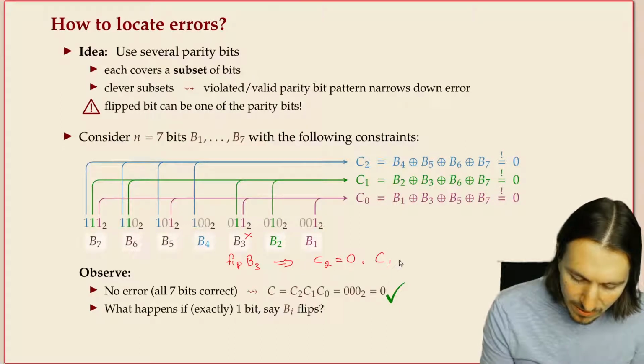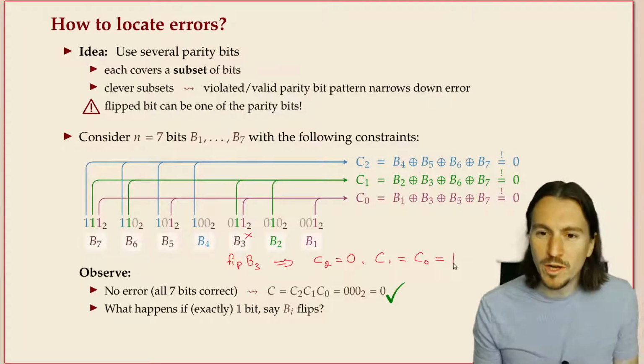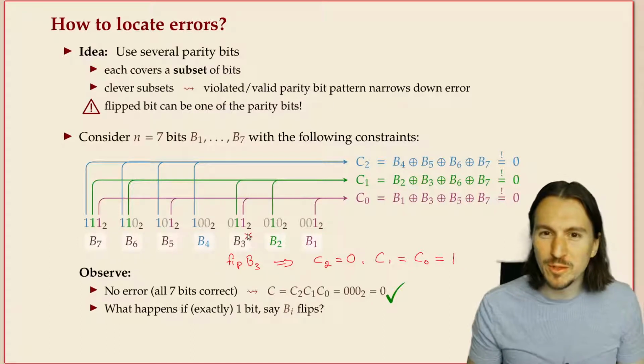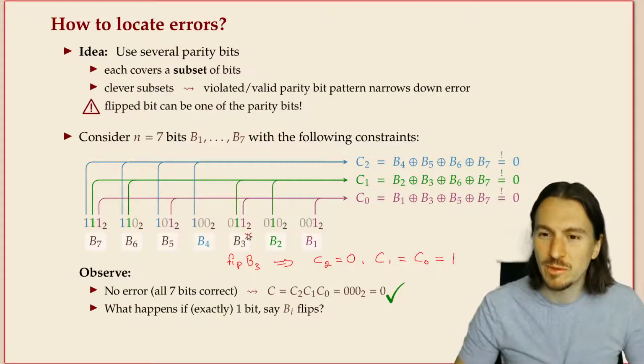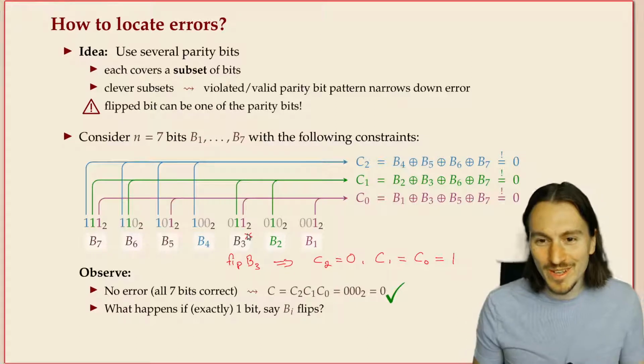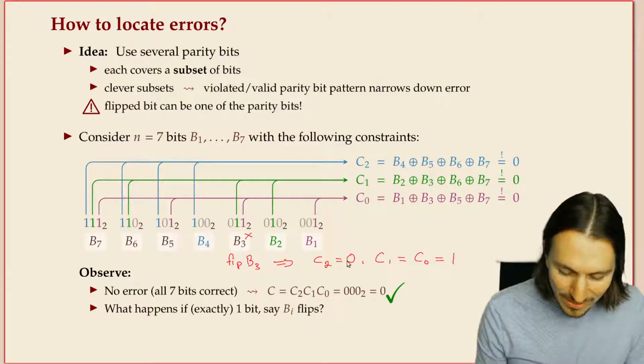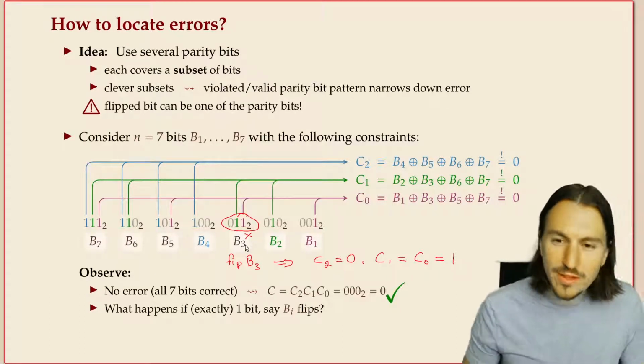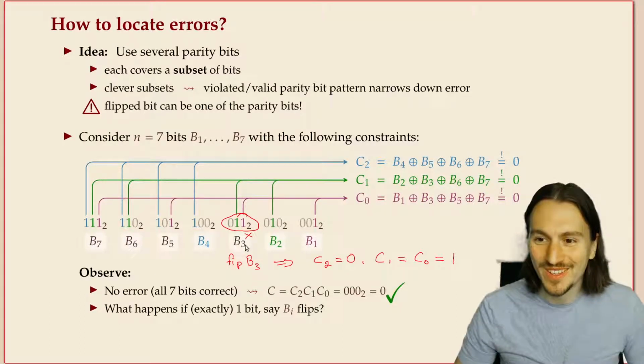But C0 and C1, they both flip to 1 because they were even before, and now we flip a single bit that must change the parity. And now notice that if you write 0, 1, 1, that is exactly writing the number 3 in binary.